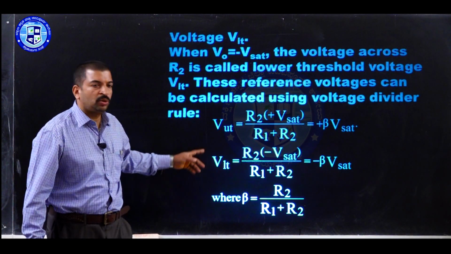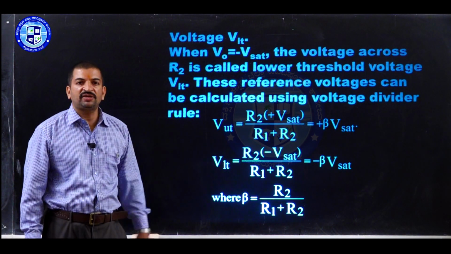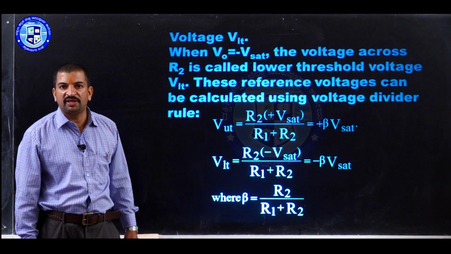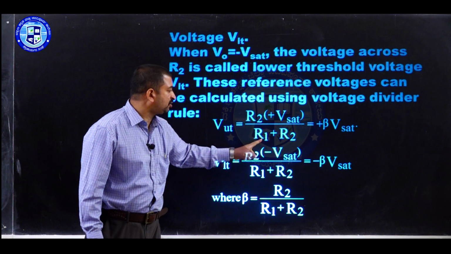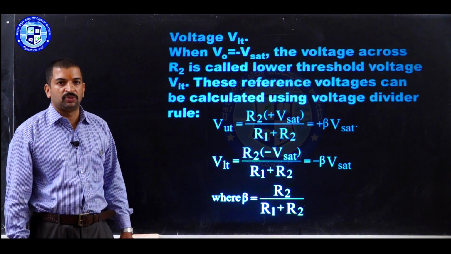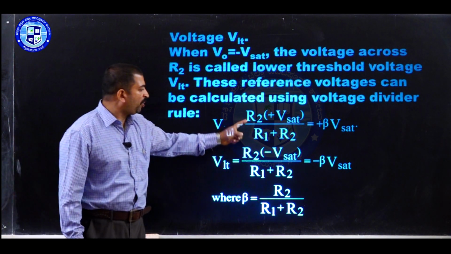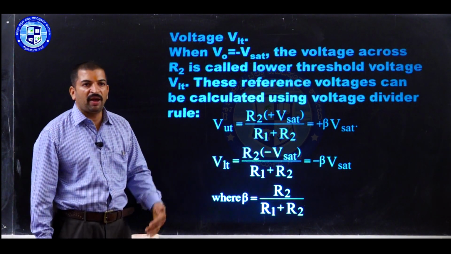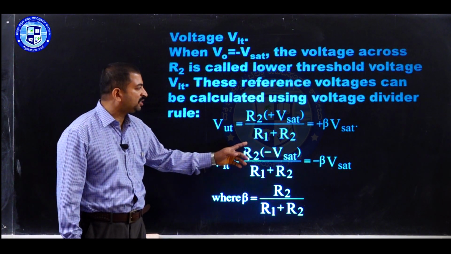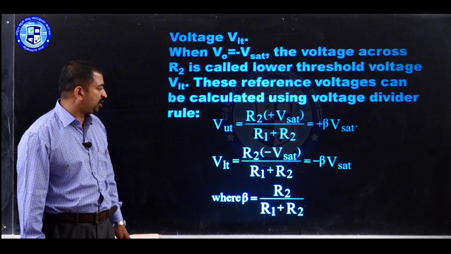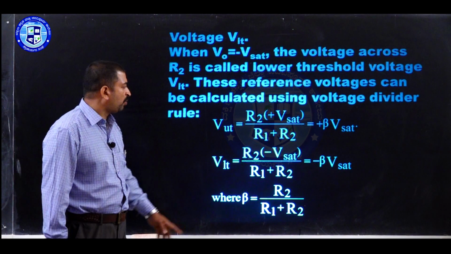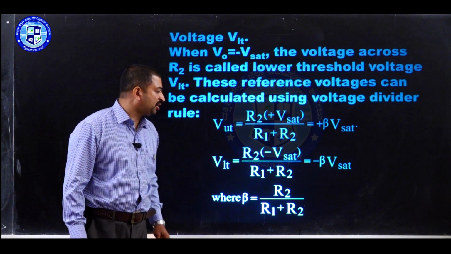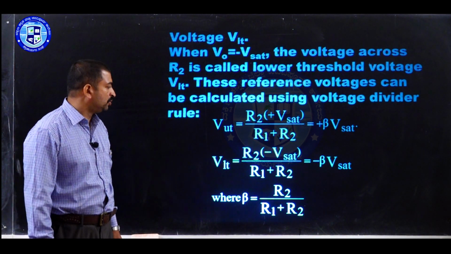Now the upper threshold voltage is the voltage across resistor R2 when the output voltage is positive. It is given by the formula R2 into plus V saturation divided by R1 plus R2. Now R2 divided by R1 plus R2 is nothing but the feedback fraction of the circuit. It can be written as plus beta V saturation. Now the lower threshold voltage is given by the formula R2 into minus V saturation divided by R1 plus R2.